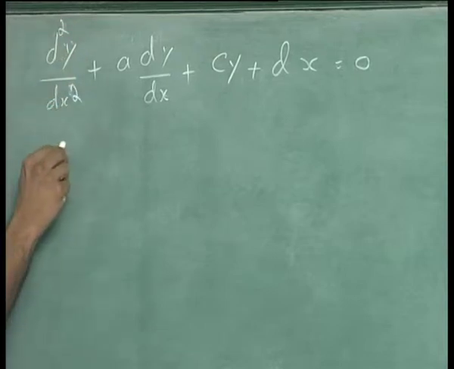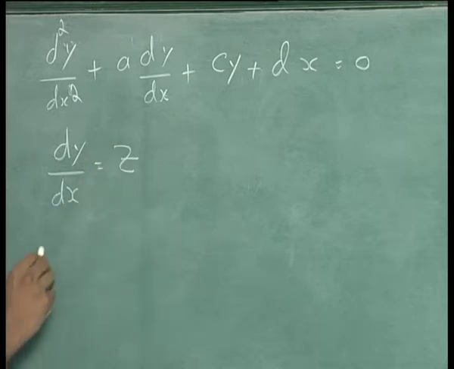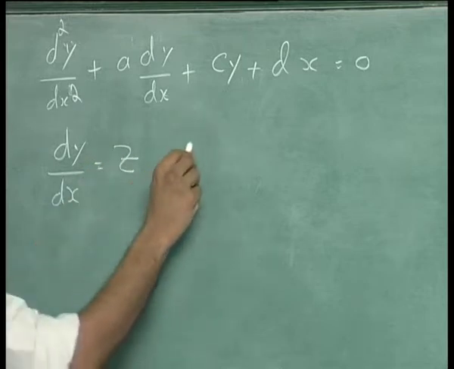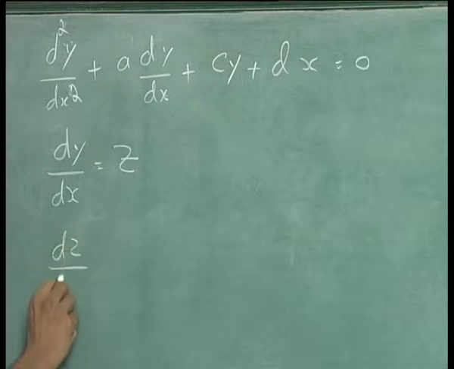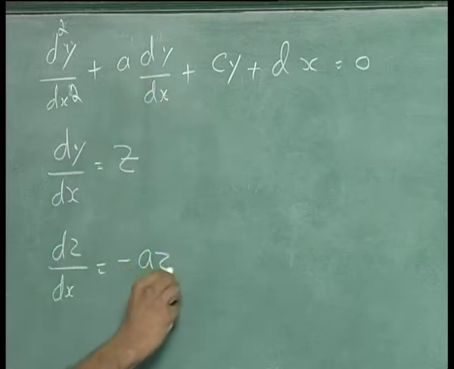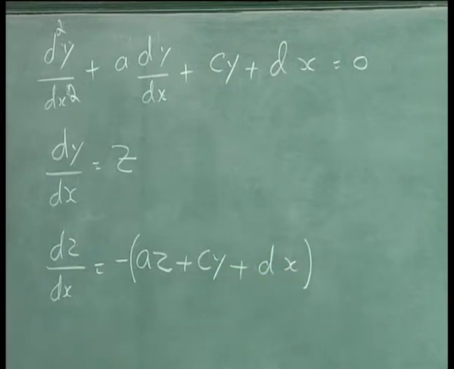Okay. So we will write this dy by dx, that is y prime, as z. And we are going to say dz by dx is equal to minus of az plus cy plus d into x.